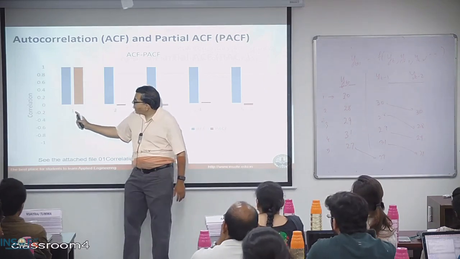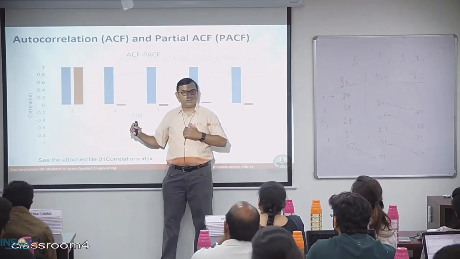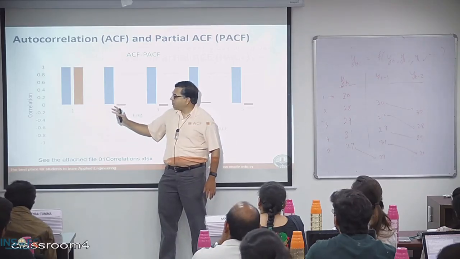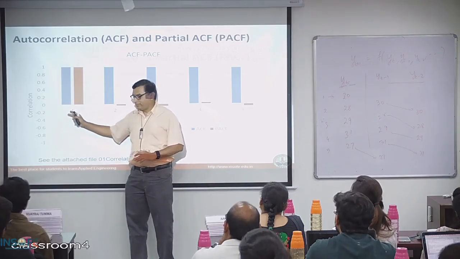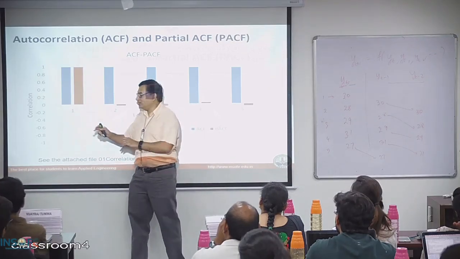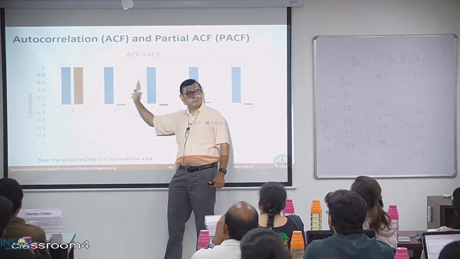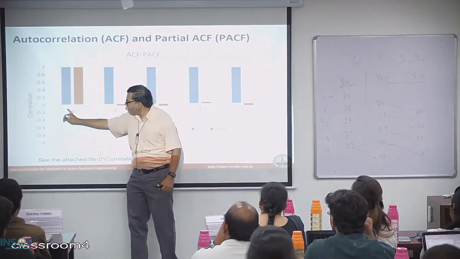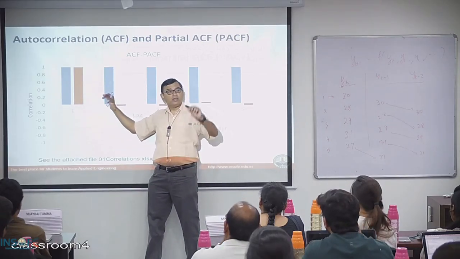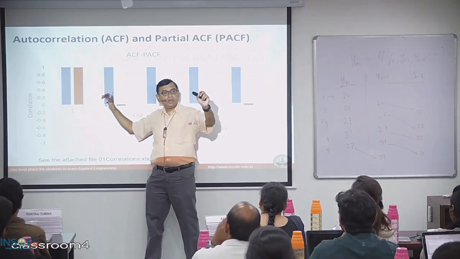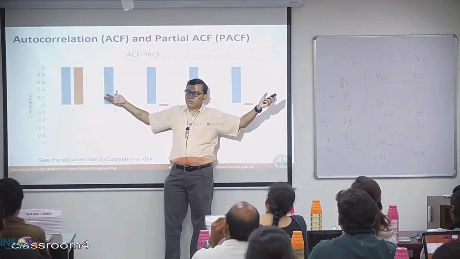So what is being plotted here is the autocorrelation values, the blue values. What you see is that there is a high value of correlation between today's price and the price 2 days back. Why might that be?